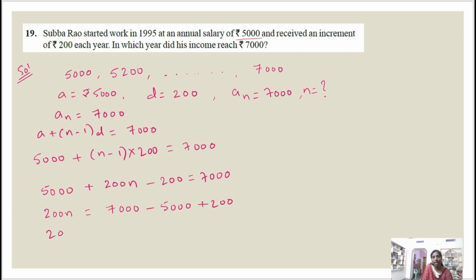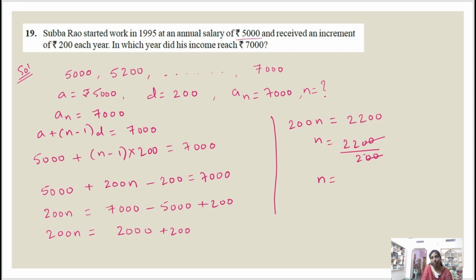Now 7,000 minus 5,000 is 2,000 plus 200. It means the next step is 200 N is equal to 2,200. Now N is equal to 2,200 by 200. Now cancel two zeros. N is equal to 2 ones, 2, 11s. N is equal to 11.